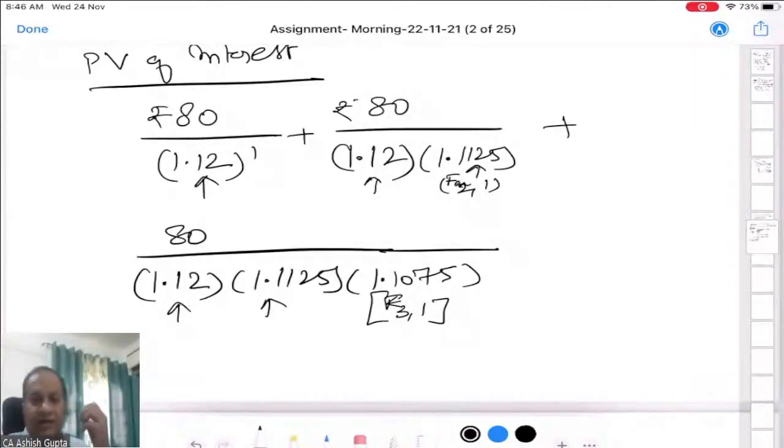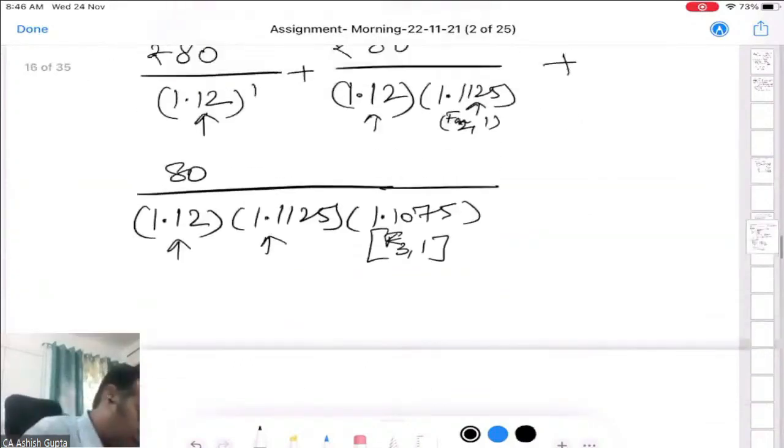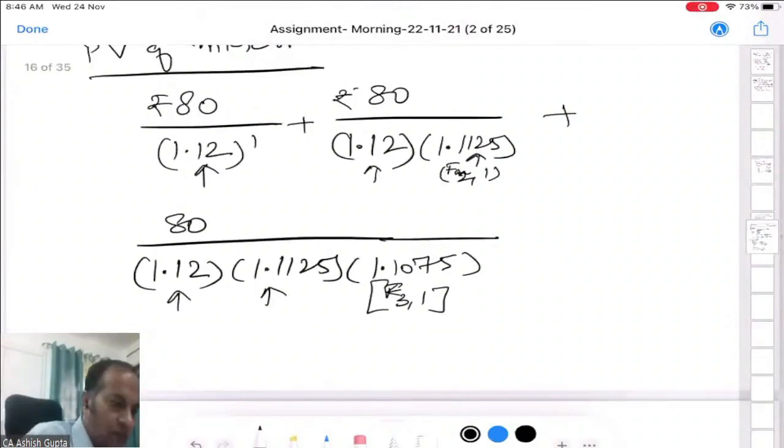Namita is asking, is there any type of curve for the forward rate? As I told you, it is not a type, upward sloping or downward sloping or flat. It depends on the market sentiments. Okay, so it can go both ways. Only when we talk about the theories, then there can be a possibility. Okay, students.